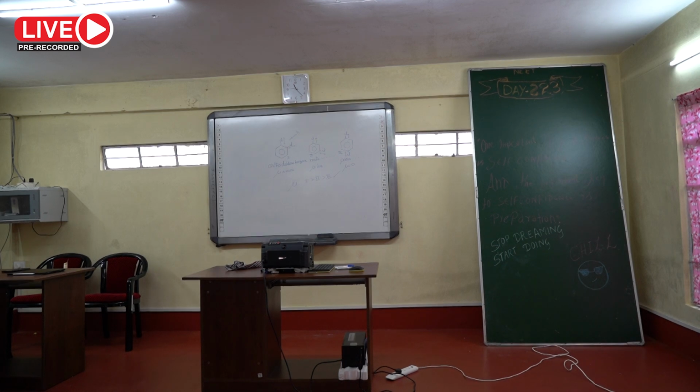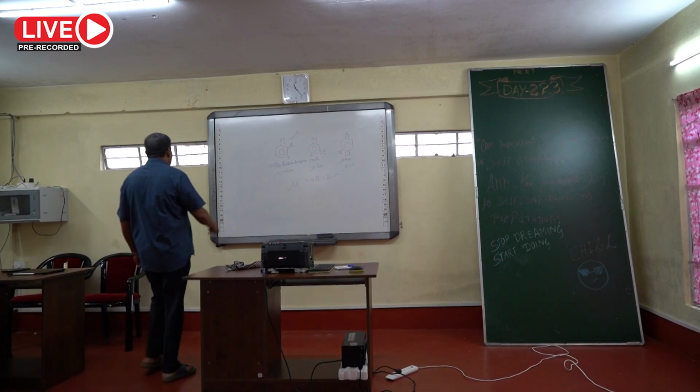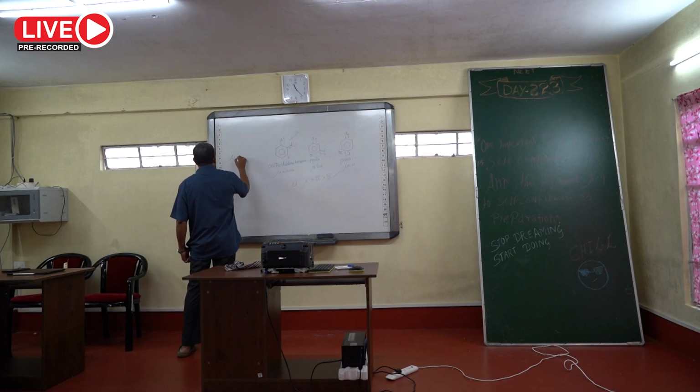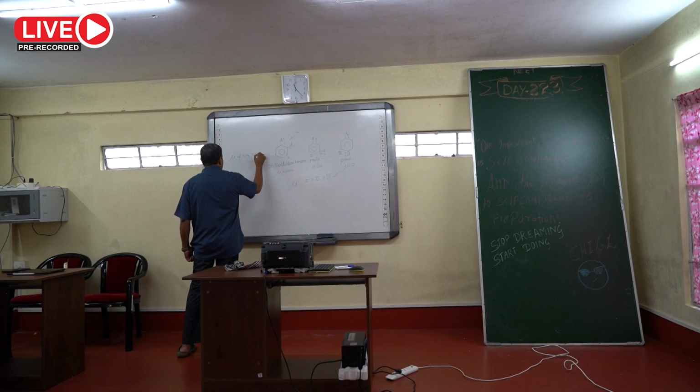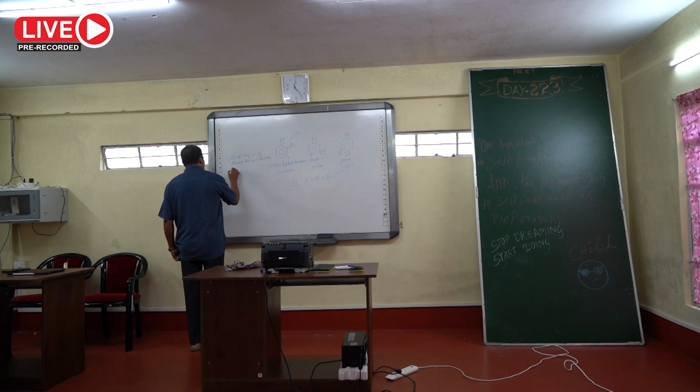Assertion: mu of NH3 is more than NF3, though the NF bonds are more polar.